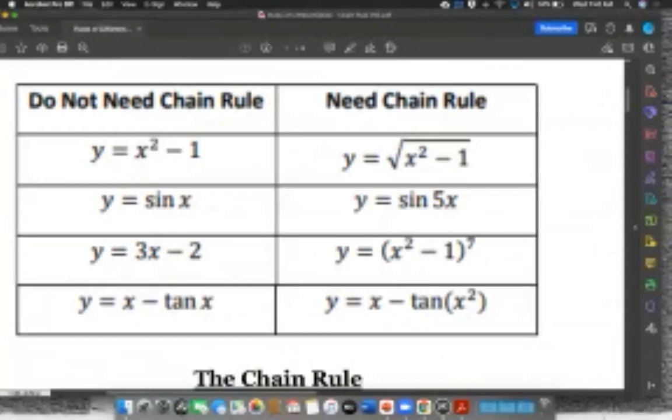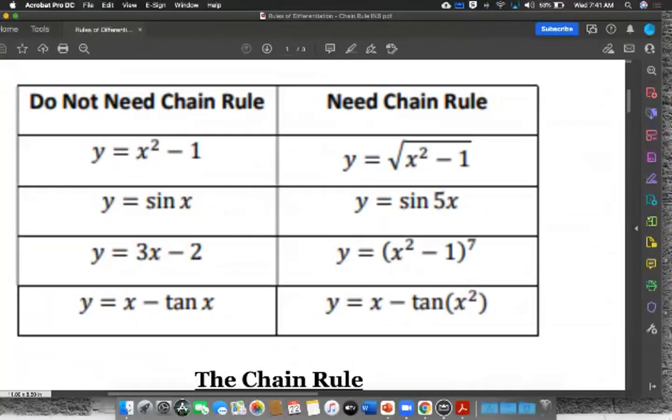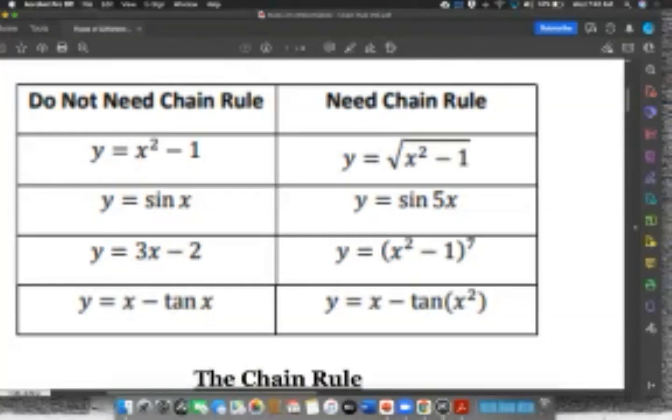We can do them right now, using other rules. This one we would use the difference rule. This one is just sine of x, and we would do it like we did in the trig notes. This one is just the sum rule, or the difference rule, the same thing here.